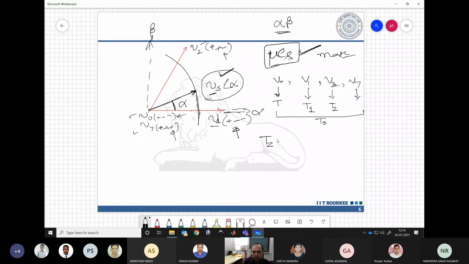So the remaining time, which is the time designated for the zero vectors, will be Ts minus (T1 plus T2). This time is called Tz, which is basically the time period over which these zero vectors are applied.